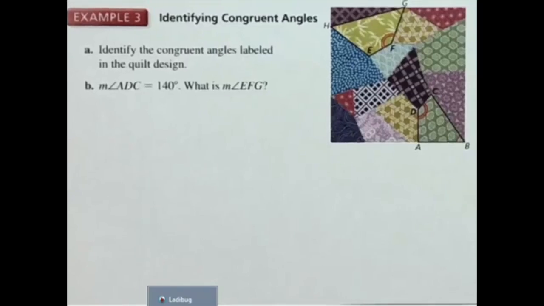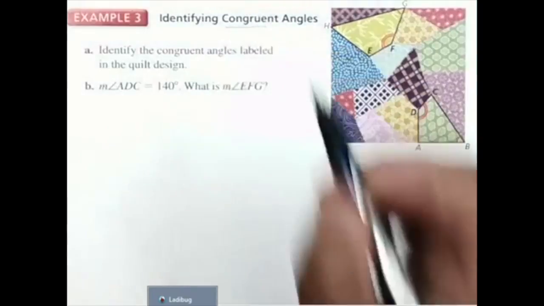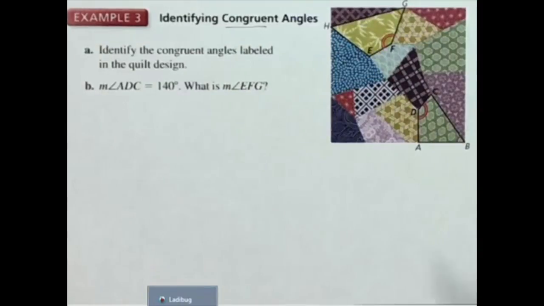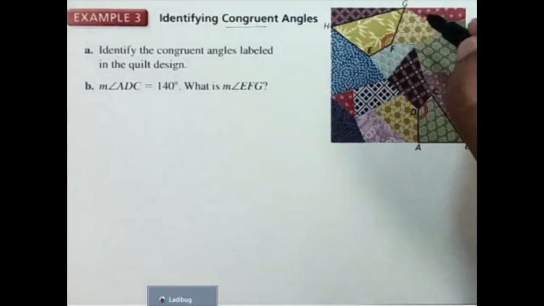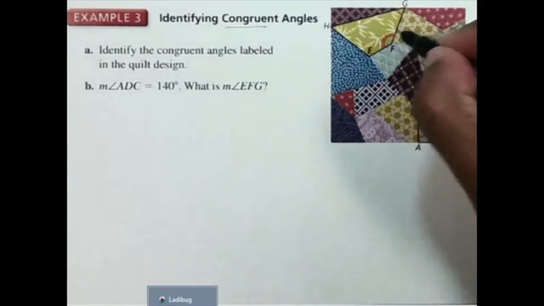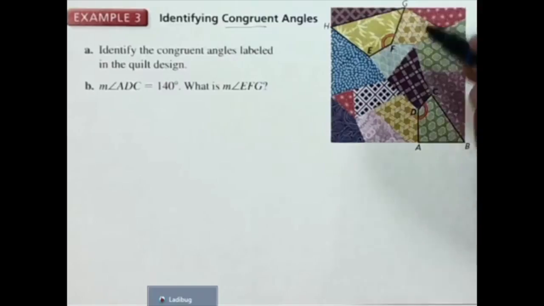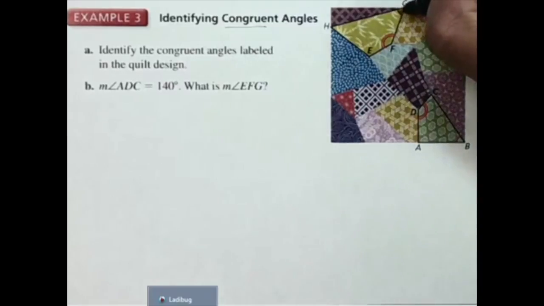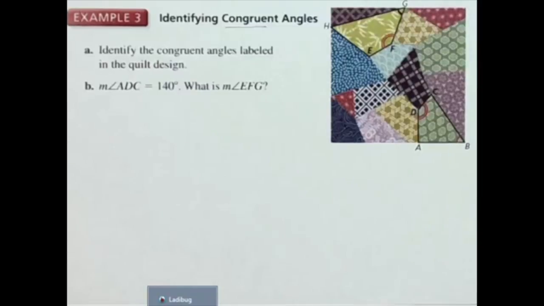Next we're going to talk about congruent angles. On a diagram, you'll notice there are little tick marks like the ones we have for segments. They're arches. So you'll have arches to tell you which angles are congruent to which. Up here, angle G has one tick mark.